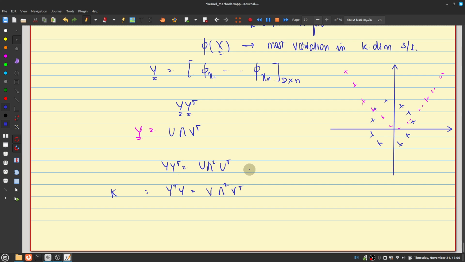So, to find the k largest eigenvalues of Y Y transpose, I can just find the k largest eigenvalues of K, because Y Y transpose and the matrix K have the same eigenvalues.